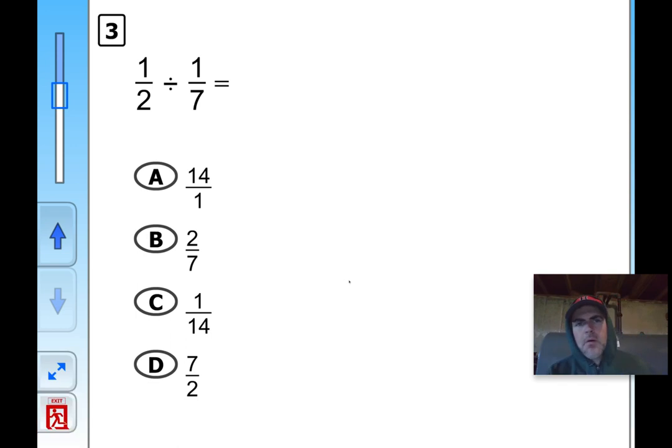Okay, 1/2 divided by 1/7. Remember, to solve these problems, the standard algorithm is to multiply by the reciprocal. So we would take 1/2, and dividing by 1/7 is the same as multiplying by 7. 7 is the reciprocal of 1/7.